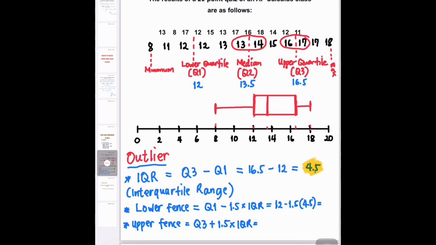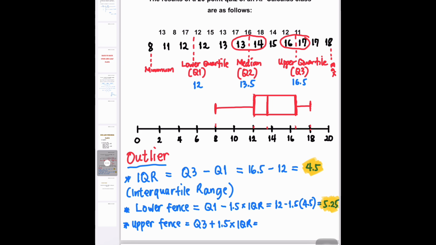But then again, everything here is based on how you've calculated the 5-number summary, right? The 5 key values. So going back to the calculation of lower fence, we have 12 minus 1.5 times 4.5 is equal to 5.25.